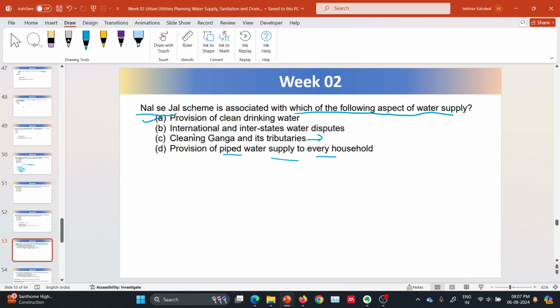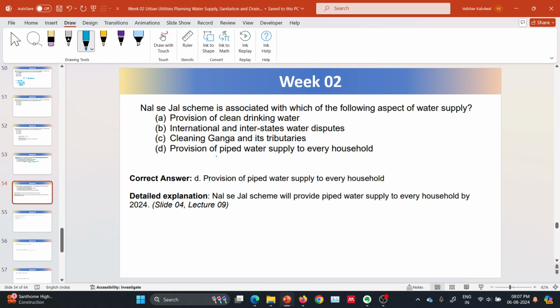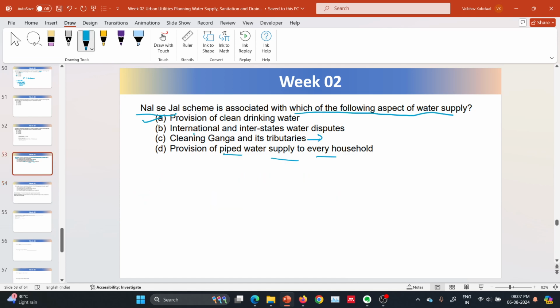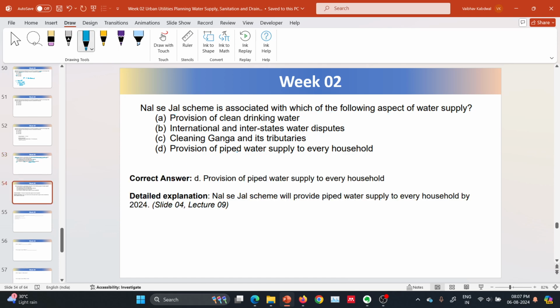Nal Se Jal means from tap, so it is provision of piped water supply to every household. So this scheme is D.